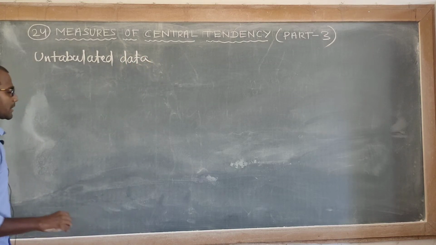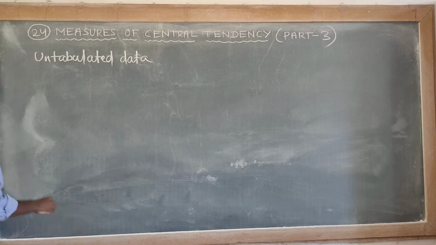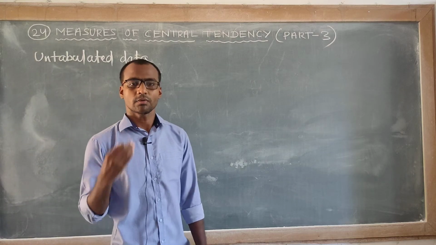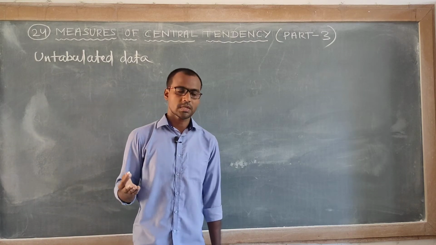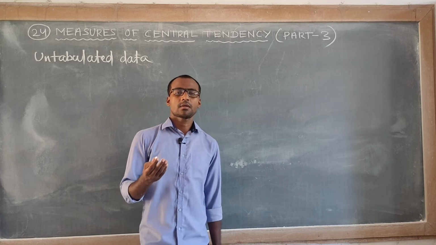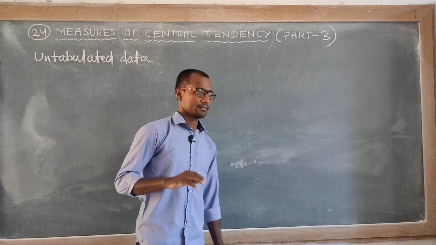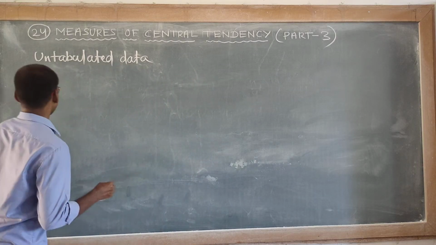Let us take a very simple example. Suppose marks secured by students in a unit test out of 25. I will take a specific number of students and the full marks will be 25.